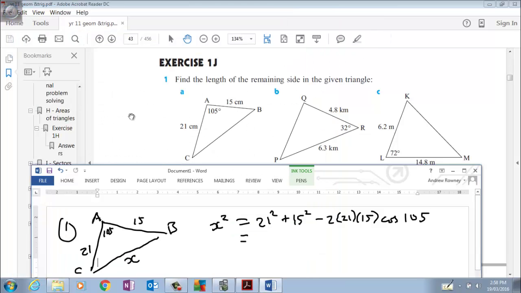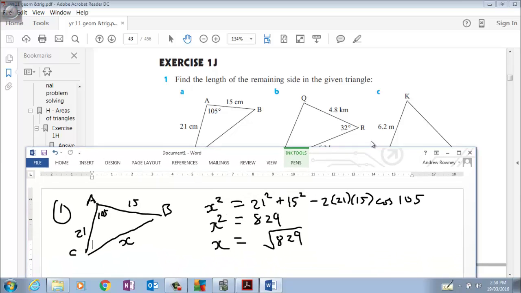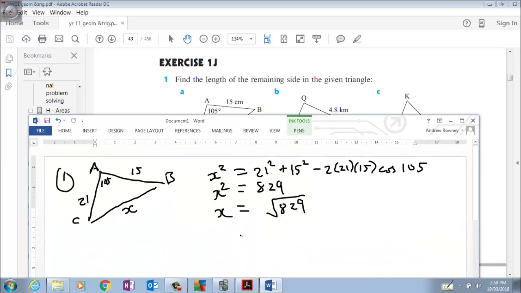Now that is x squared. X squared is 829. We want x, we have to square root that. Now normally we do plus or minus, but because we're dealing with lengths in this problem we only take the positive answer.